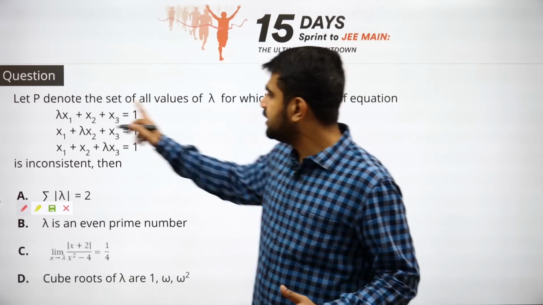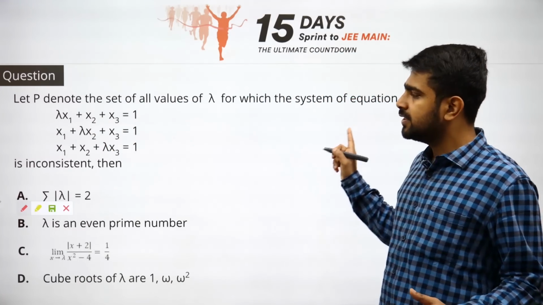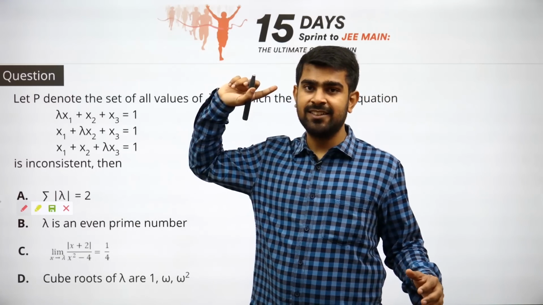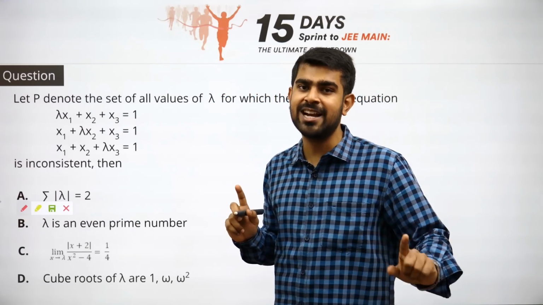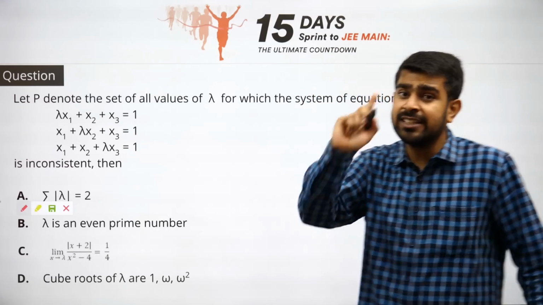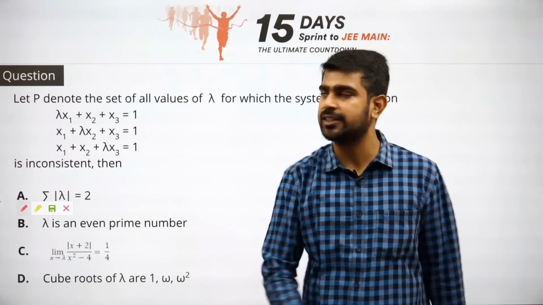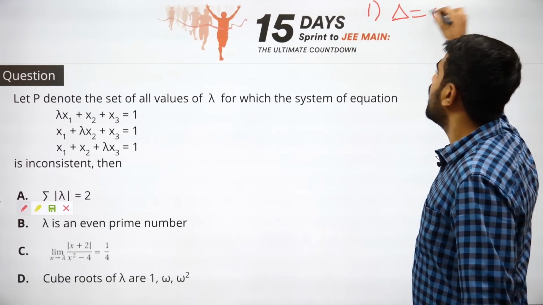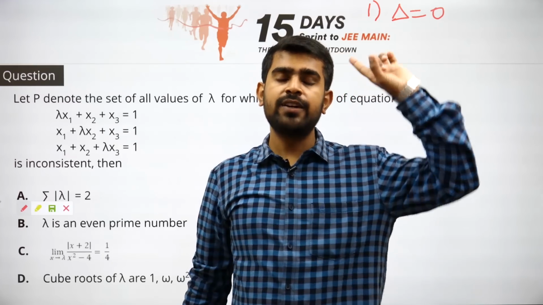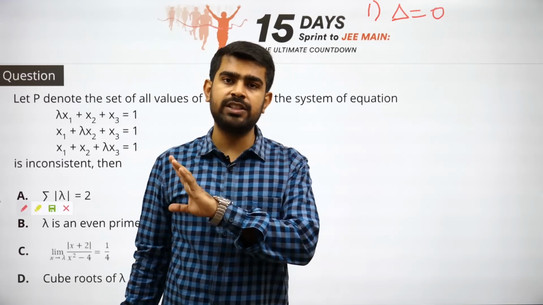So let P denote the set of all values of lambda for which the system of equations is inconsistent. What is inconsistent? The last case which we saw. You guys must remember that. So for the last case, if it is inconsistent, what are the conditions? Let me write that down first. If it has to be inconsistent, the first condition is delta must be equal to 0.